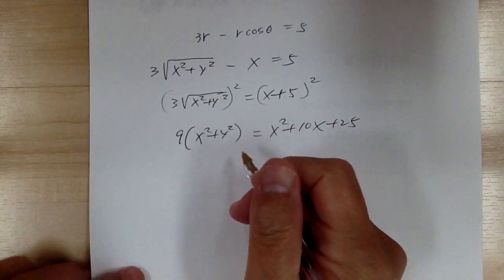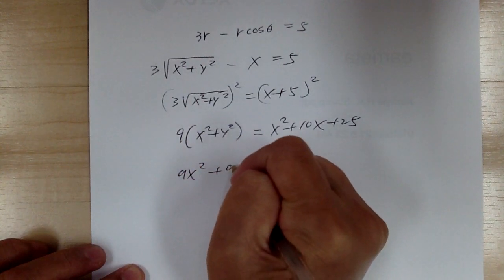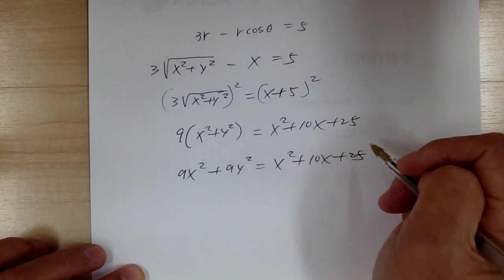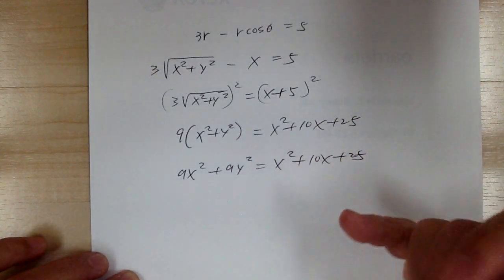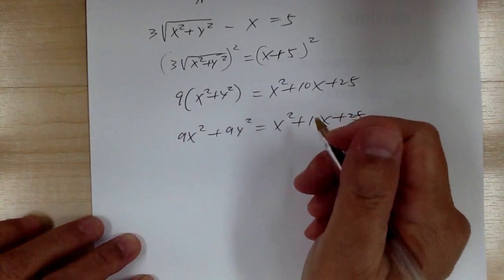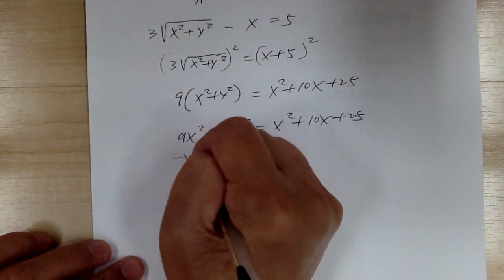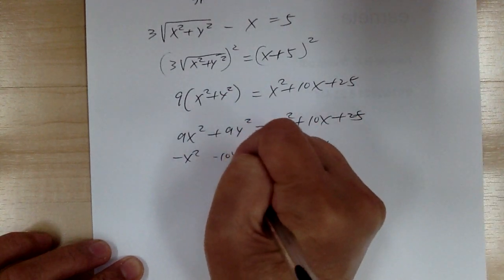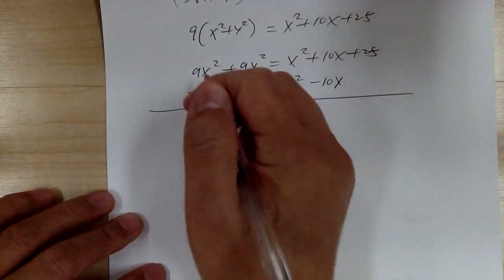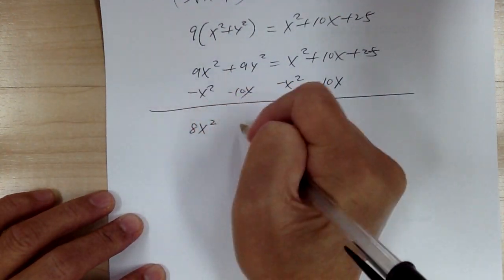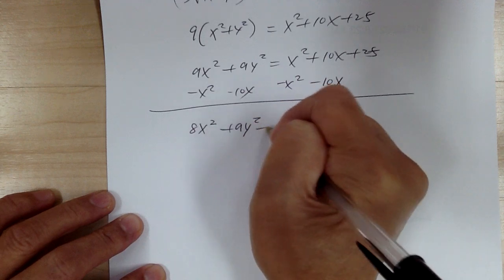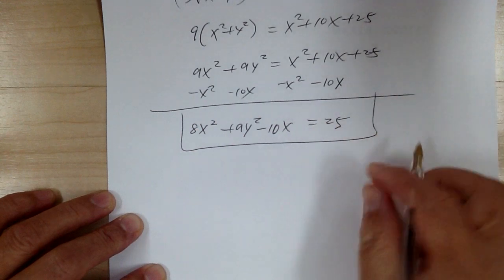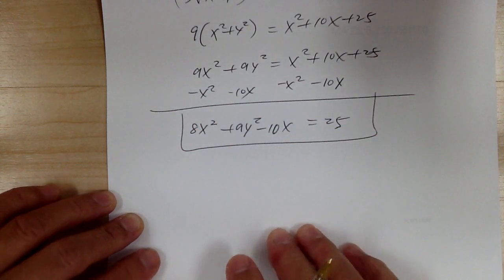Then you can multiply out: 9x squared plus 9y squared equals x squared plus 10x plus 25. Then you move this over, minus x squared, just basic algebra. You get 8x squared plus 9y squared minus 10x equals 25, and that's it. If you move 25 over here, that's fine too, either way.